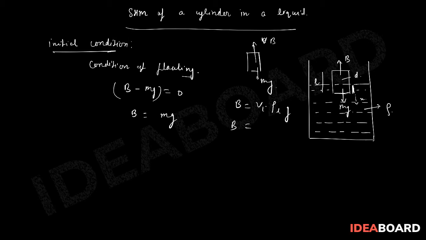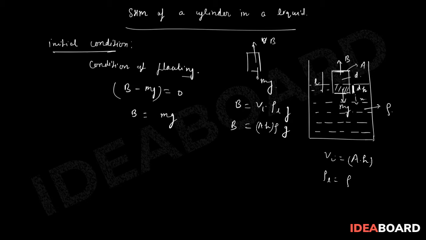So here, suppose that the cross-section area is A, so V emerged can be written as A into the emerged length, let's say this is h. So V emerged is A into h, and rho liquid is of course rho, so B is A h rho g.